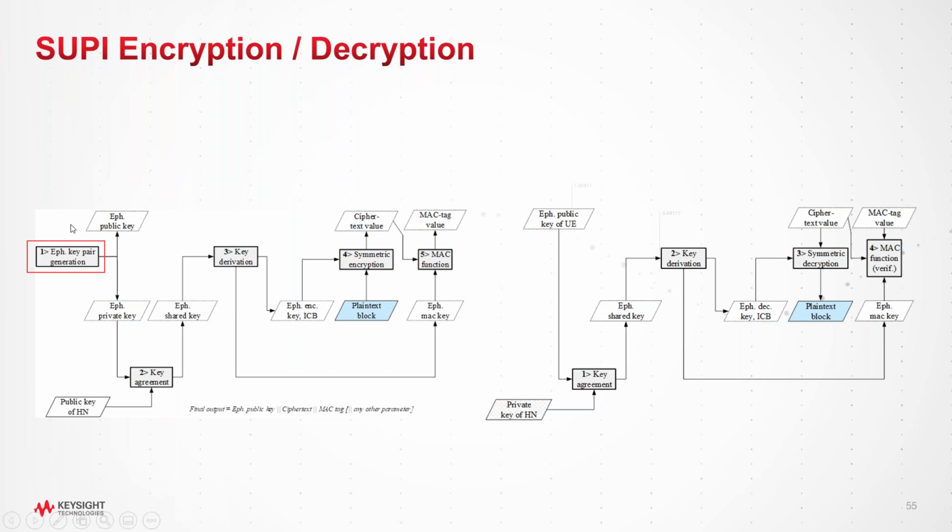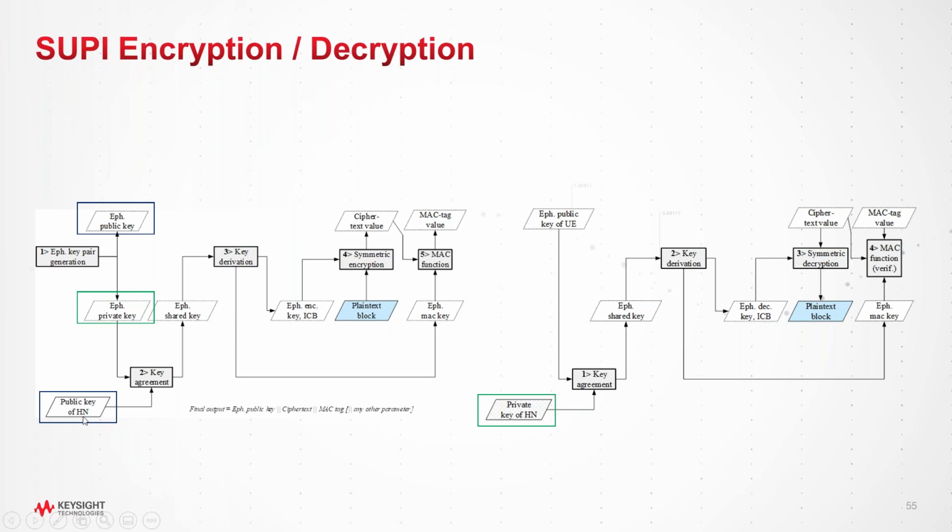Okay, so remember we said on the fly you're going to generate a public-private key pair. That is an ephemeral public key and an ephemeral private key. We also have a public-private key pair for the home network, remember that from the SUCI fields that we showed.